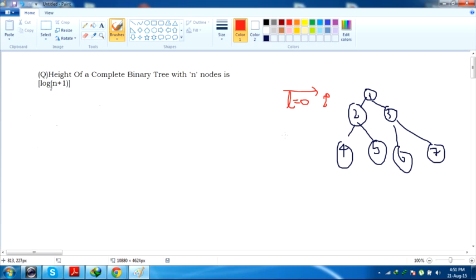That is 1. If you talk about level 1, the number of nodes in level 1 is nothing but 2 to the power 1. And if you talk about level 2, the number of nodes in that level is nothing but 2 to the power 2. So the number of nodes depends upon the level that you are asking. If the total number of nodes I am asking, then you simply sum this up and you will get the 7 nodes in that particular example.